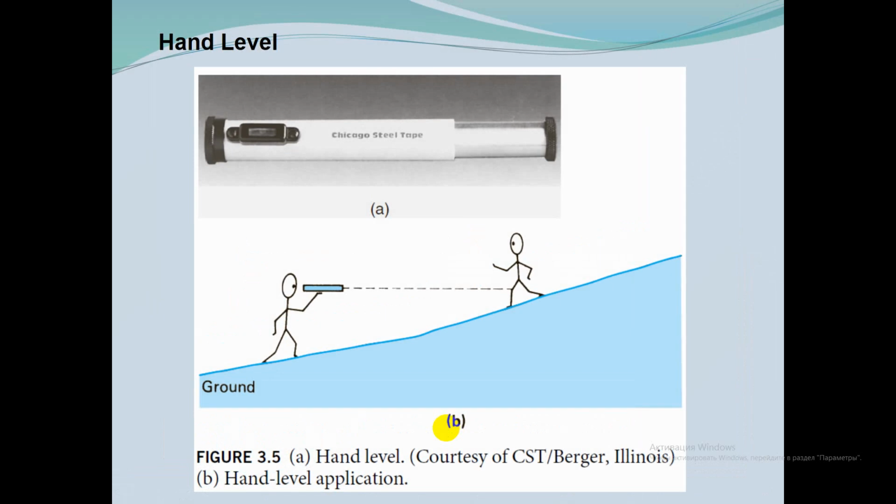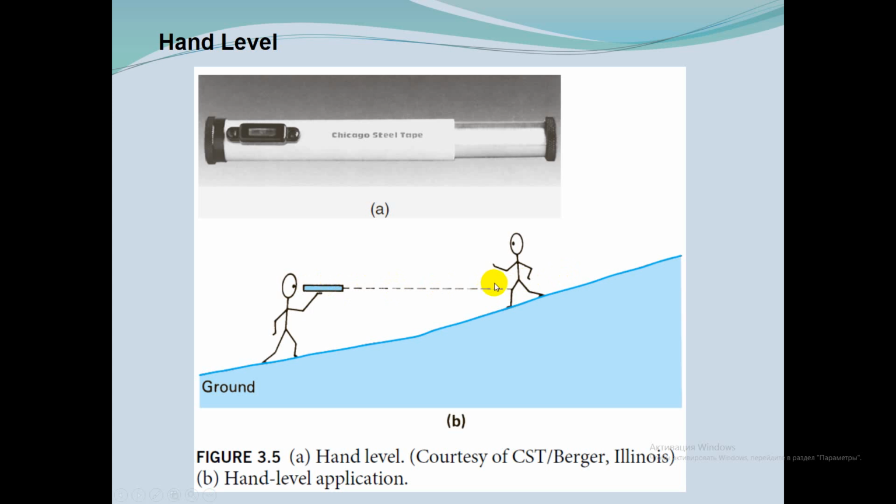A hand level can be used to keep the steel tape horizontal when measuring. The surveyor at the lower elevation holds the hand level and a sight is taken back at the higher elevation surveyor.